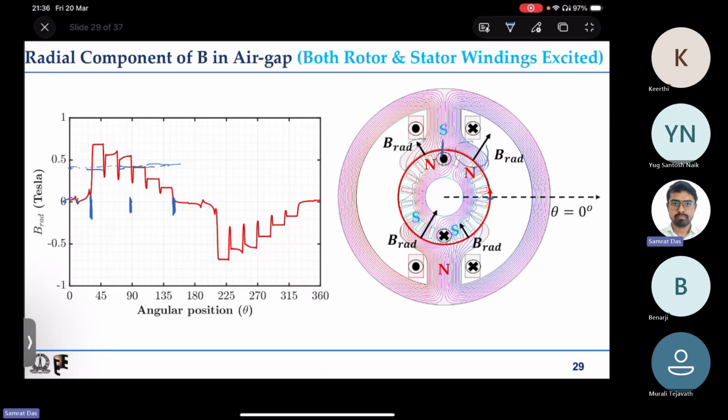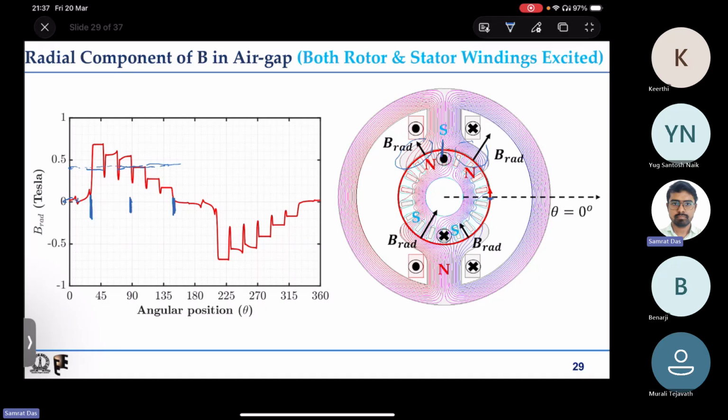And on the other side, that is the left hand side portion, because it gets demagnetized a bit or weakened a bit due to armature, it gets lower compared to what was there for the stator. And the same thing happens on the other, diametrically opposite stator pole also.